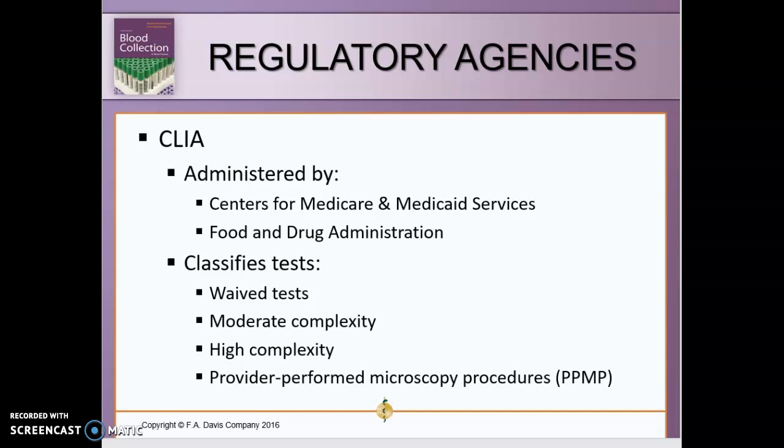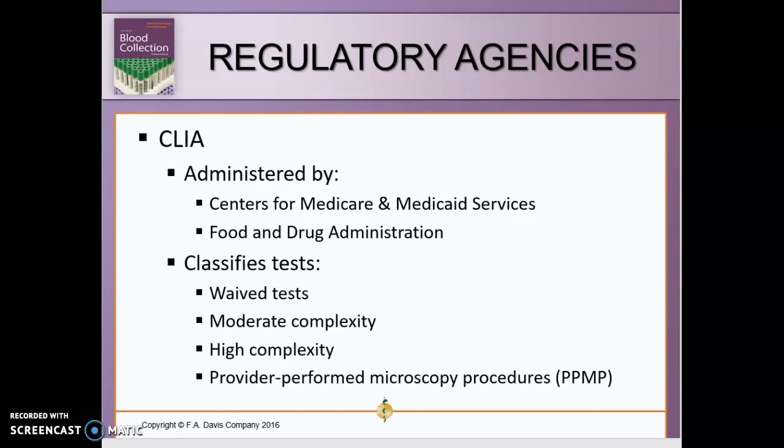The FDA classifies the test as waived or non-waived with regard to the skill level of the person performing the test. And then the CLIA website is going to give you a list of tests that are waived. So we need to know the difference between a waived and a non-waived test.